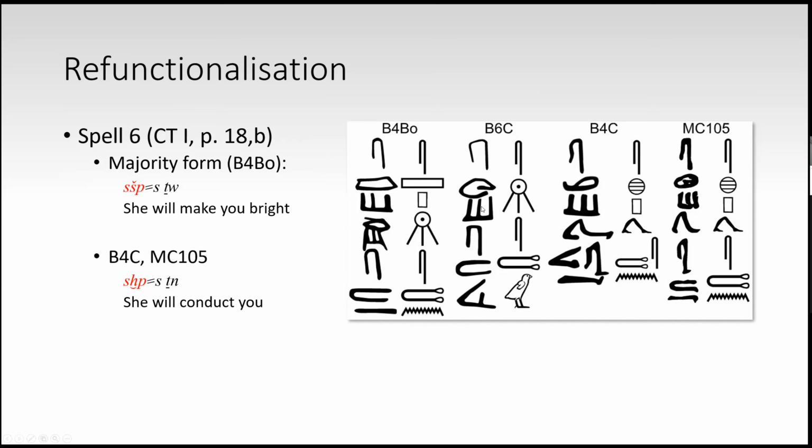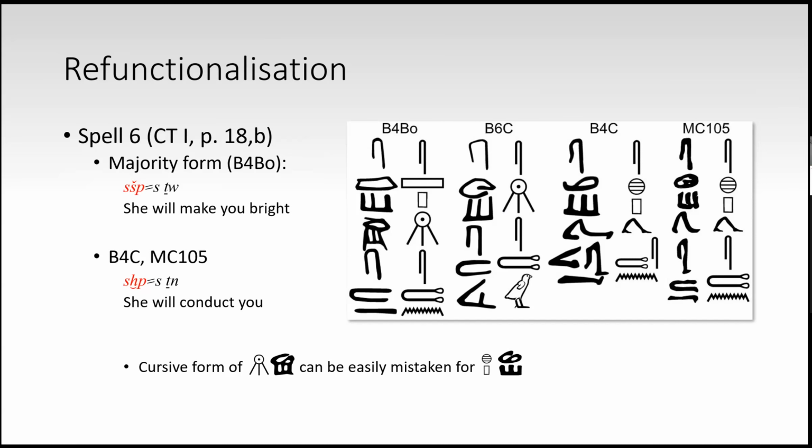In this case, it's still close enough, in comparison to an earlier section in the text where you have the AA1 and Q3 sign written out in B6C, where there's a lot more distance between them, so there it's clearly distinct. But what I assume happened is that the switch from one to the other occurred simply because the space between the two signs was misinterpreted, as two signs rather than a single sign.